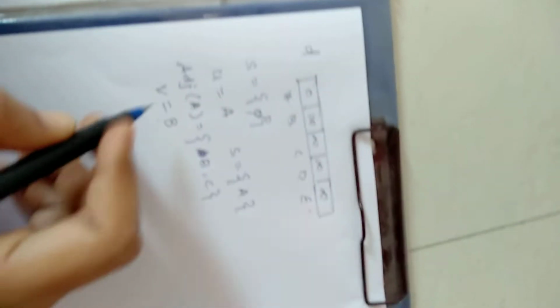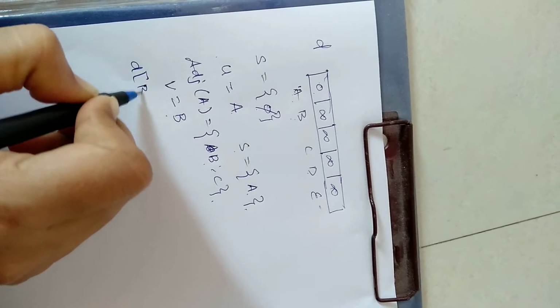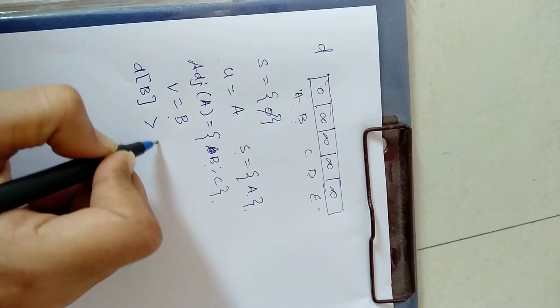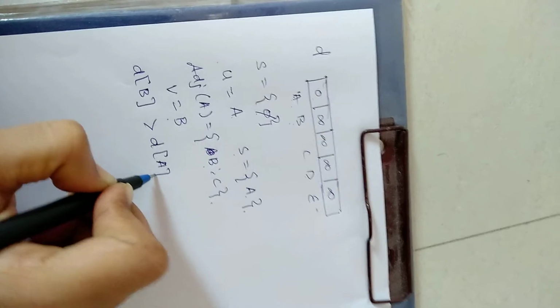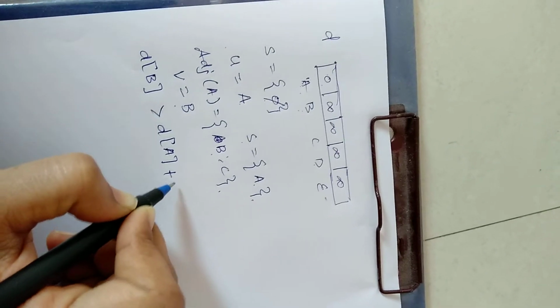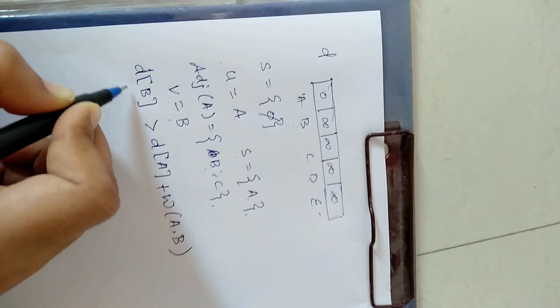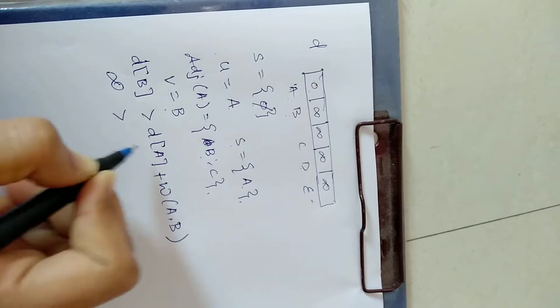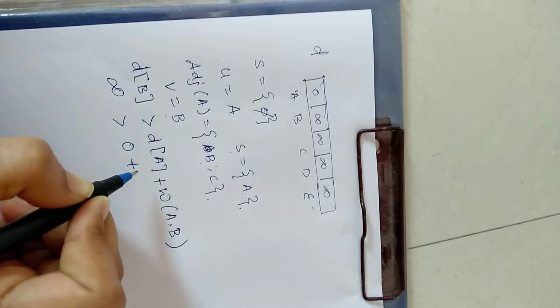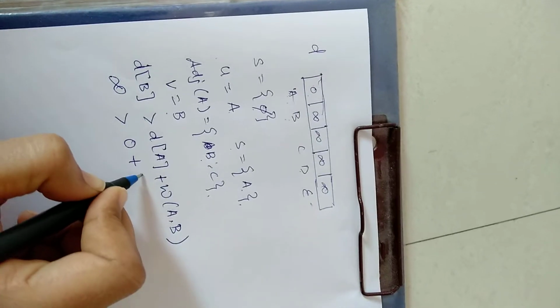So we are observing, is the distance of B greater than the distance of A plus the weight of AB? The distance of B is infinity, the distance of A is 0 and the weight of AB from the graph is 3.